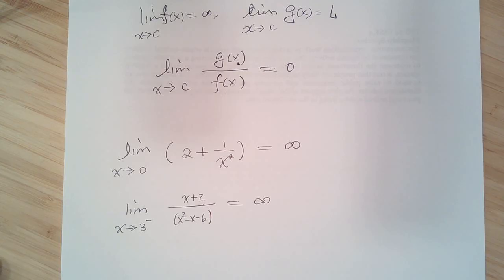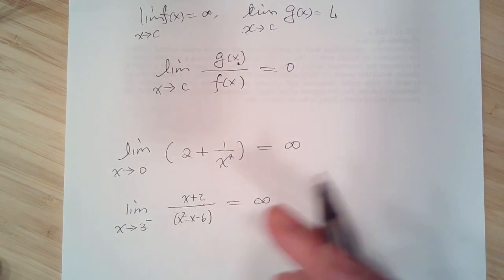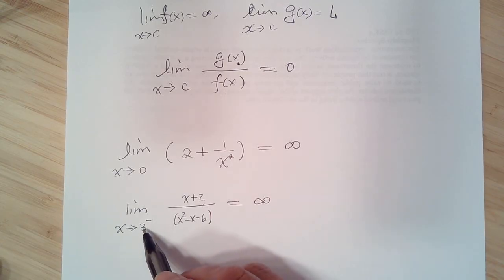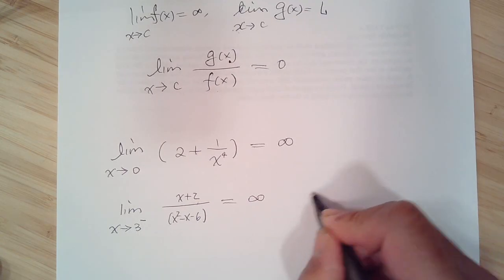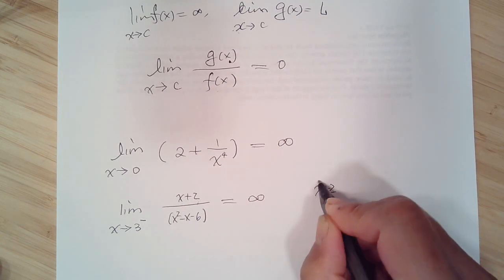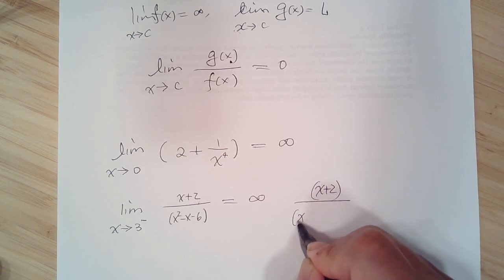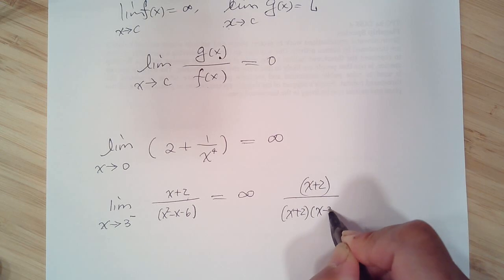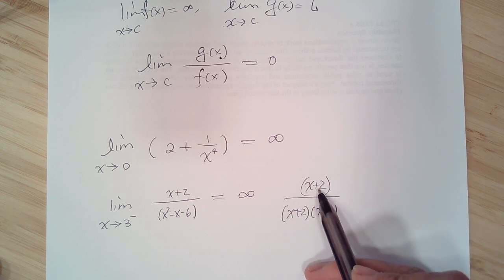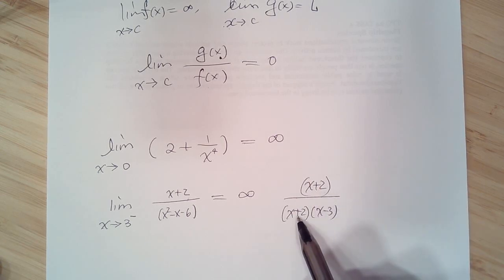Isn't it easy? But when it's 3 from the negative side, so this one, x plus 2 on top, and the denominator, you factor that, you get x plus 2 and x minus 3. So this is approaching 5. This one is also approaching 5.